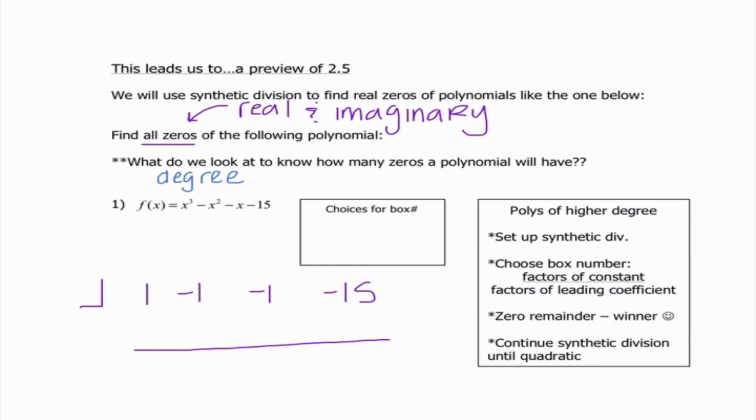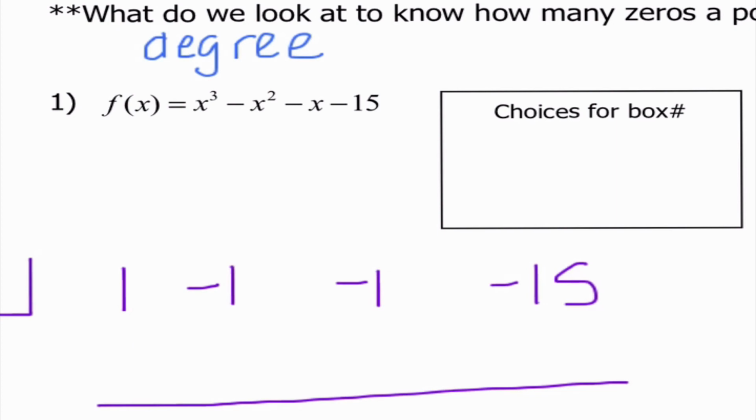And the way we're going to do this, it is the factors of the constant divided by the factors of the leading coefficient. So if we look at this, I know that our constant is negative 15. So things that would multiply to be 15 would be 1 and 15. Notice I'm putting plus or minus because I could do positive 1 times negative 15, or I could do negative 1 times positive 15.